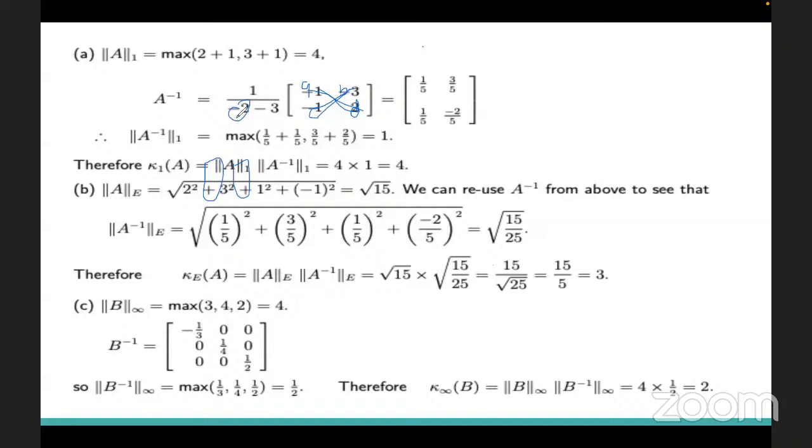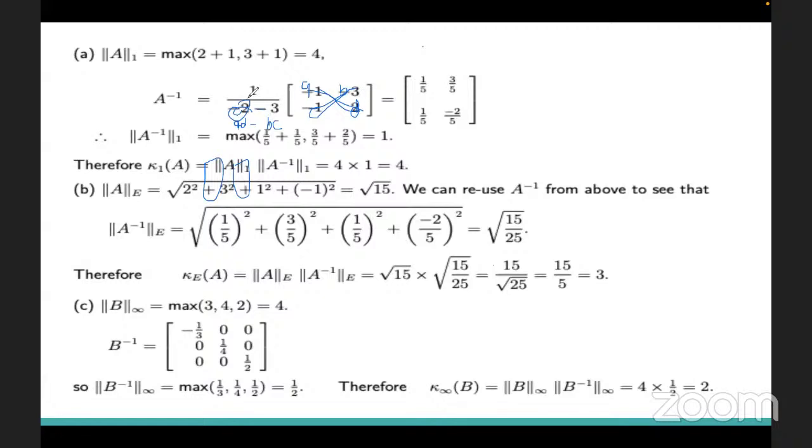Remember, we are subtracting. So this is AD minus BC. We said AD is minus 1 times 2, which is minus 2, which is what we have here, and BC is minus 1 times minus 3, which is 3.